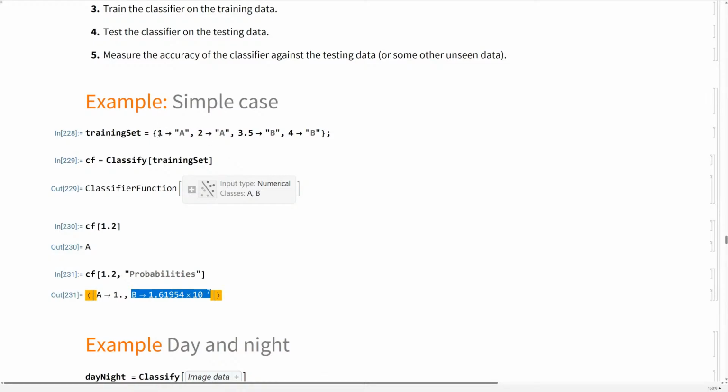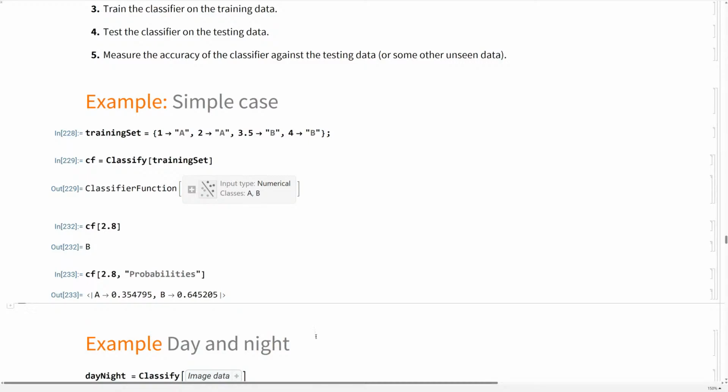So yeah, that's because 1.2 is right in between 1 and 2, which the machine can be more sure about. But what if we pick something between 2 and 3.5? Let's do 2.8. And now it says the category is going to be B, but let's see behind the scenes. What's the probability of that?